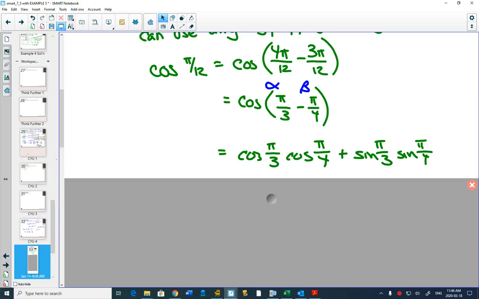And of course, those are all on your unit circle. You are allowed to have an equal sign continue because it's a flowing equation.